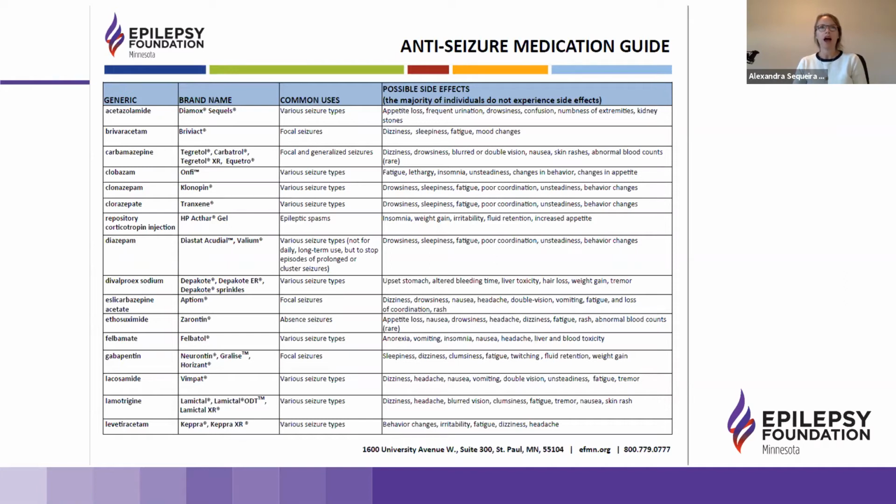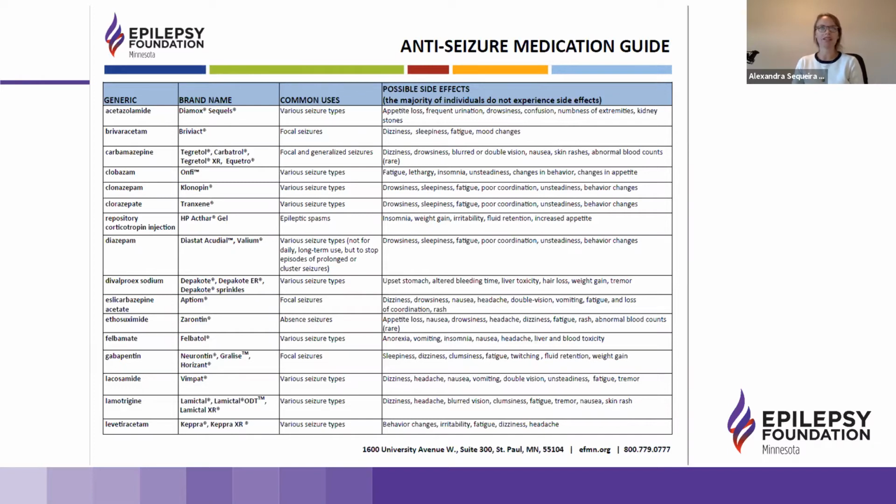Here it lists the generic name and the brand name as well. I think it's important always to know that there are two names for medications, and to be familiar with both. And then the common uses. Again, some seizure medications are best for focal seizures, some for generalized, some for all seizure types.